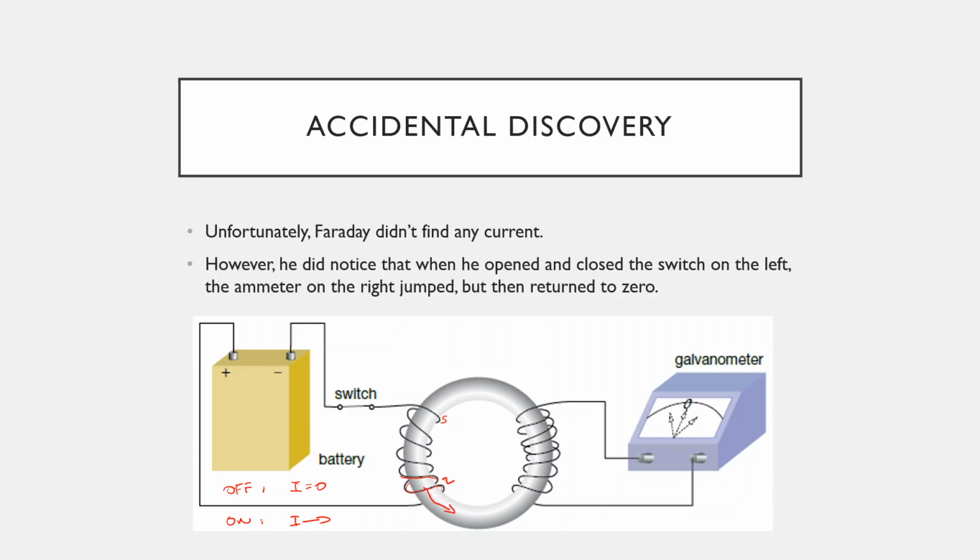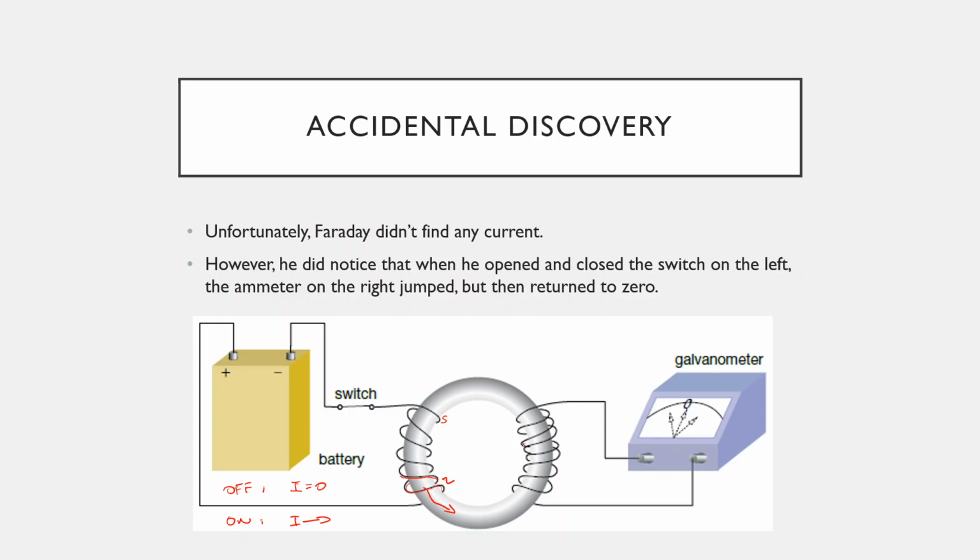Now think about the moment before you switch it on and the moment after you switch it on. The moment before you switch it on, there is no magnetic field in the loop because there's no current in this primary coil. How can there be a magnetic field? However, when you switch the current on, the current in the primary coil produces this magnetic field that goes anti-clockwise around the loop.